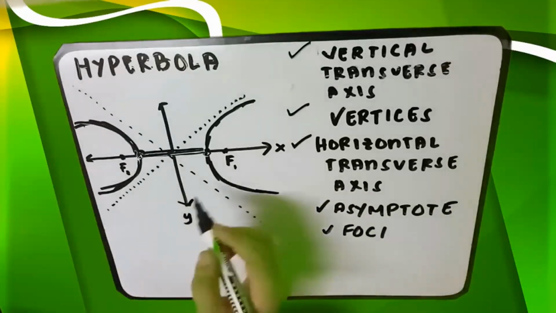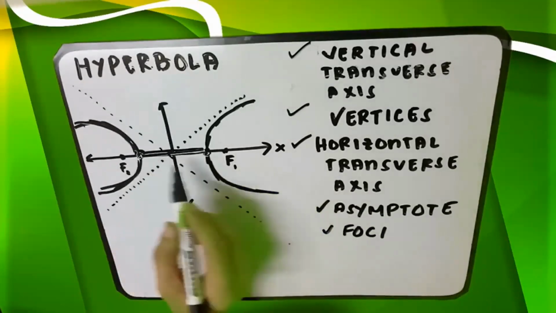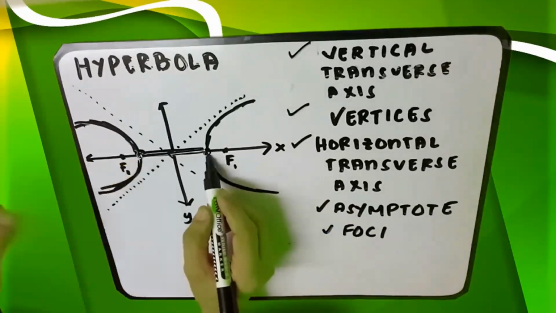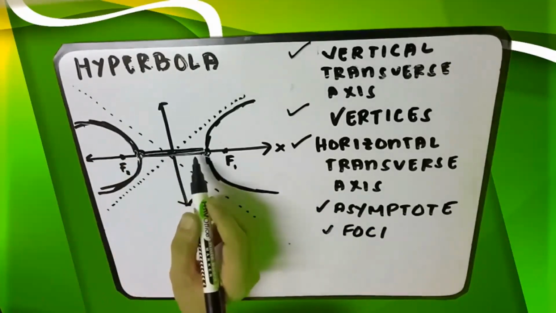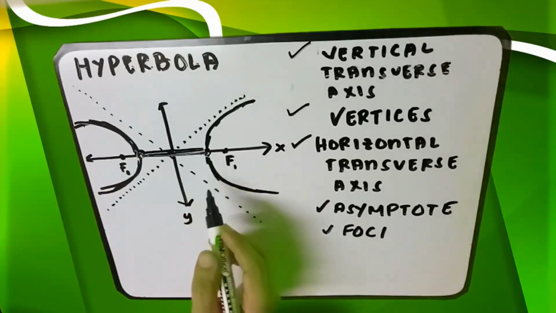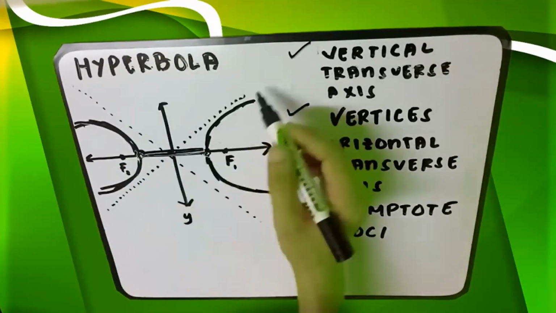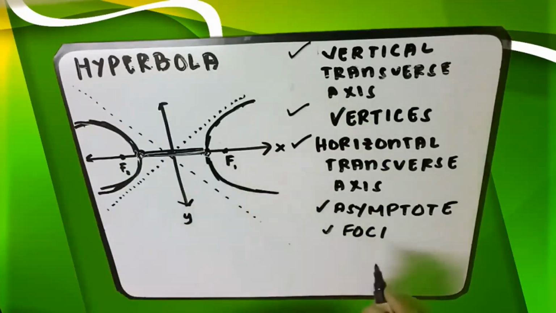Next, vertices, vertex 1, vertex 2, if we connect, so that is horizontal transverse axis, asymptote, foci.